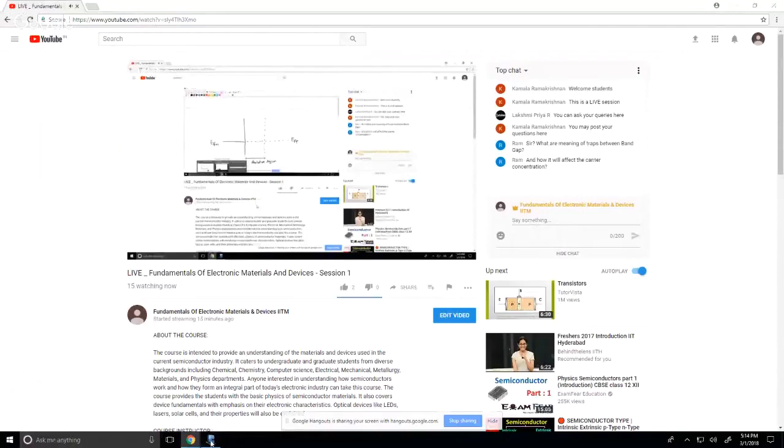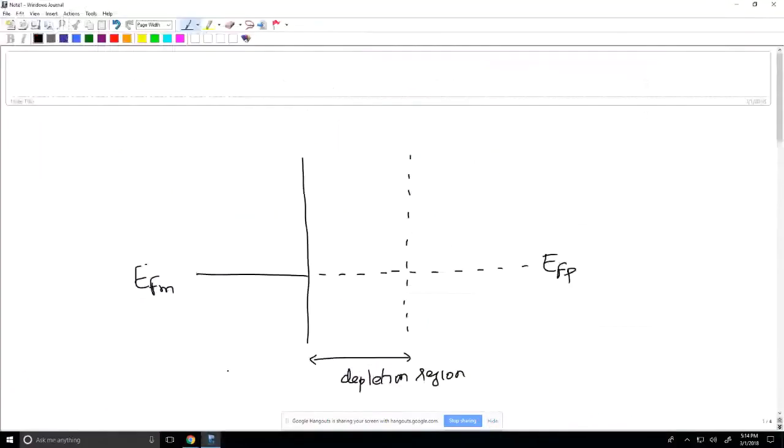So, again, this is the metal on the left, your p-type semiconductor on the right. We said that there is a depletion region formed because holes from the semiconductor move to the metal. This creates a net negative charge on the semiconductor side and a net positive charge on the metal side, and there is an electric field that goes from positive to negative. The rule when we draw energy bands is that in the direction of the electric field, the bands should always bend up.